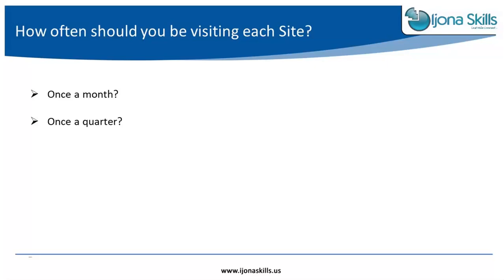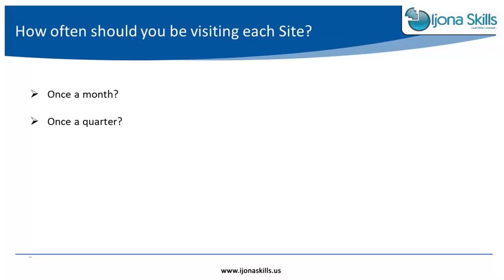And what I do, and perhaps what you do, is to reserve visiting sites more frequently than once a quarter, maybe as frequently as once a month. Keep that reserved for only those teams that are functioning very, very poorly.